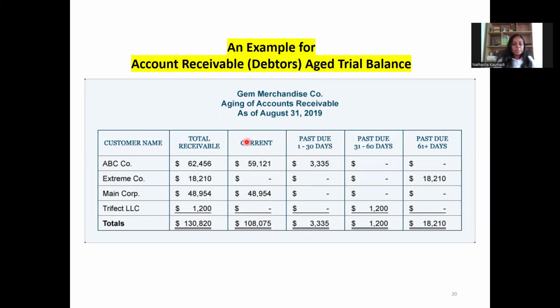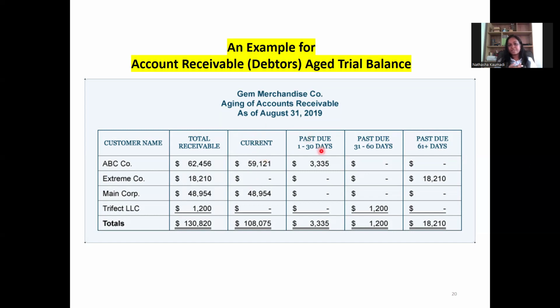Current means within the given credit period. Maybe the credit period is 2 weeks. It is in the current bucket. Why? There are no issues. The balance is still within the correct credit period. It is not overdue.